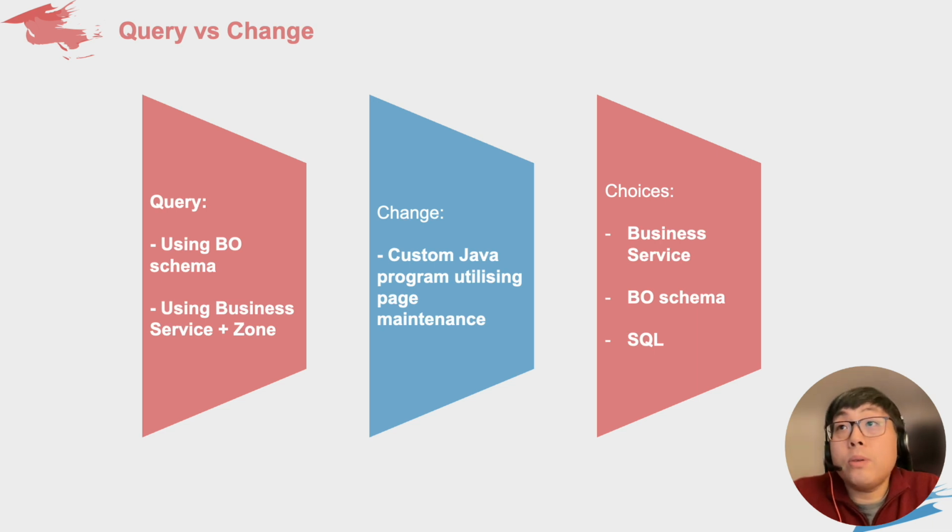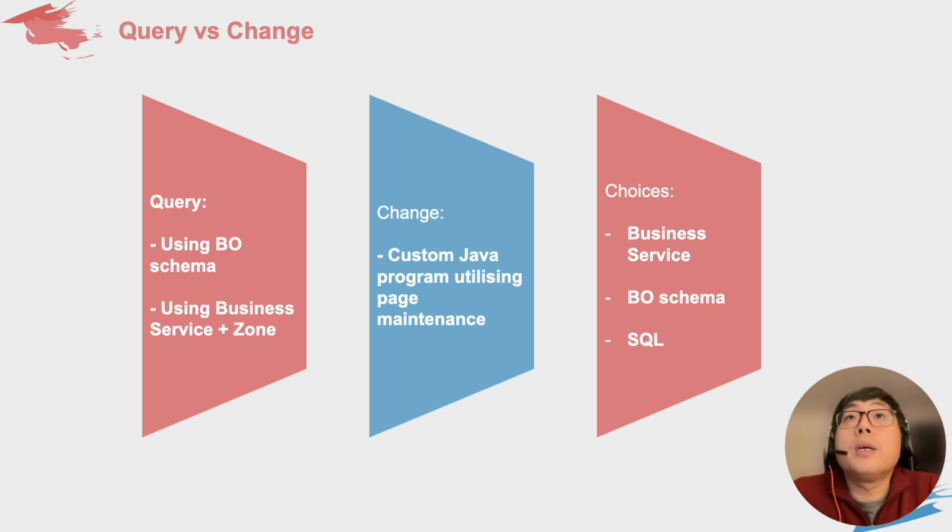Within the zone, you can write a SQL, and in that case, you can load all the attributes within the SQL, and the result will be returned as the result of the business service. So these are two different ways of querying the data.